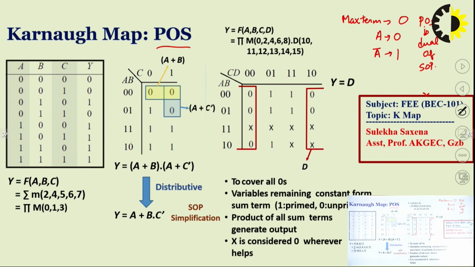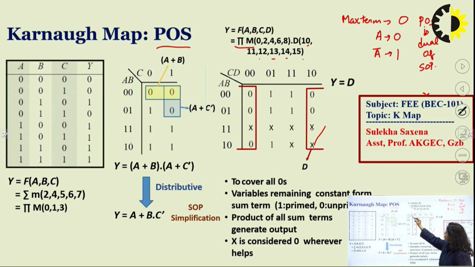So we will consider one example of POS form. Given POS form is represented as pi with a capital M. Consider one POS form 0, 2, 4, 6, 8 and don't care terms 10, 11, 12, 13, 14, 15. We can easily see from this example that it's a 4 variable KMap.